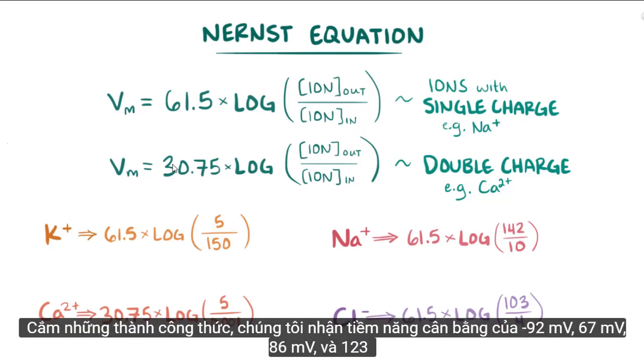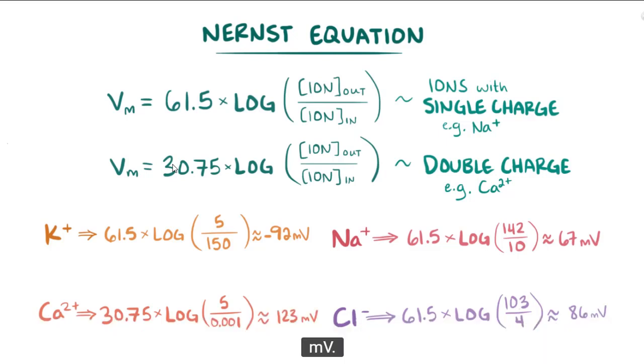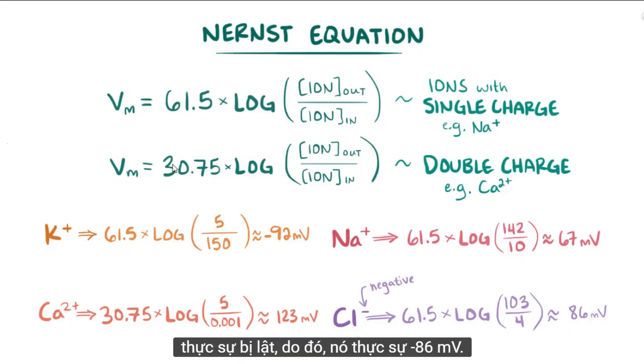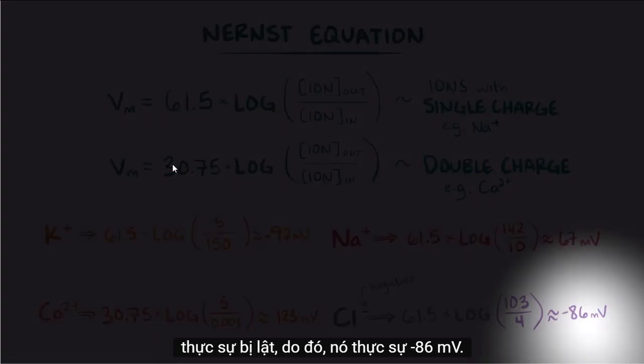Plugging those into the formula, we get equilibrium potentials of negative 92 millivolts, positive 67 millivolts, positive 86 millivolts, and positive 123 millivolts. One thing to note, though, is that since chloride ion's negative, the equilibrium potential actually gets flipped, so it's actually negative 86 millivolts.